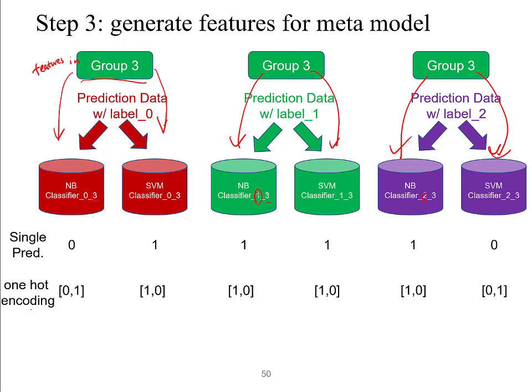And we do the one-hot encoding. One-hot encoding means, because we have only 2 possible results, either 0 or 1, it will use 2 bits, or 2 real numbers or integers.